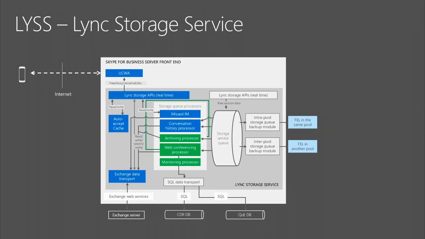The cache is for storing the conversation while the mobile user has not accepted the messages. So it will be stored in the cache, and then the Exchange data transport is what is going to eventually write it to the Exchange server. So this is the design at a low-to-mid level. If you have any questions, I can take them.